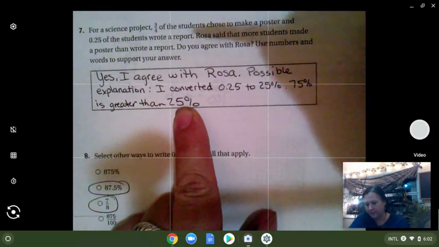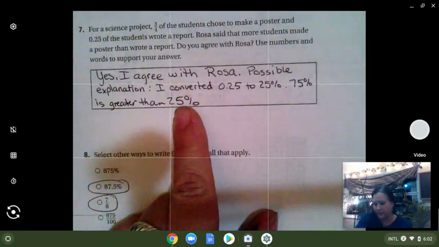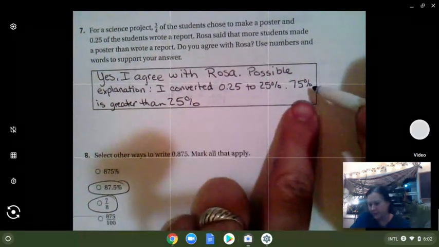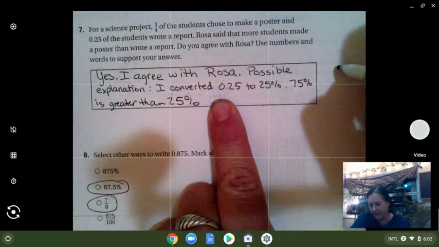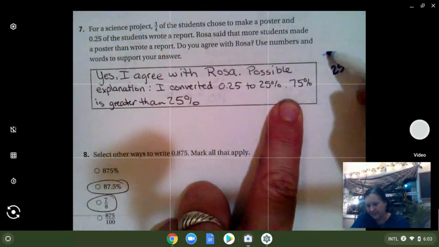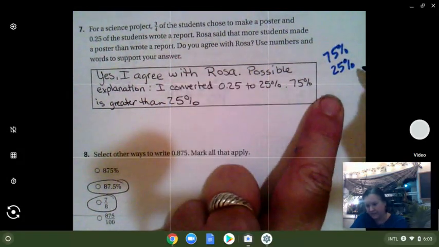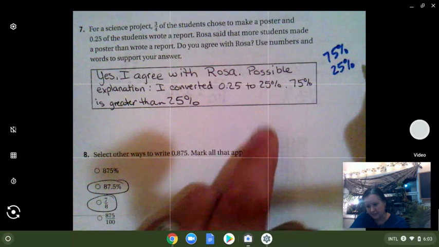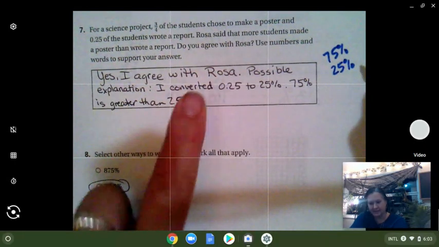And so for the poster, 3/4, I took 3/4 and converted that to 75%. I took the 0.25 and converted that to 25%. So I have 75% made a poster and 25% wrote a report. And so 75% is greater than 25%. So yes, I agree with Rosa.